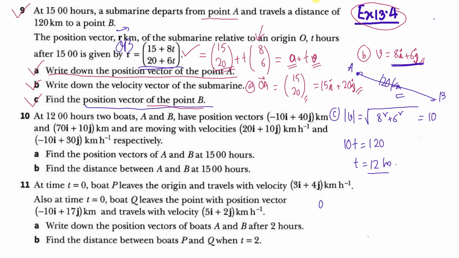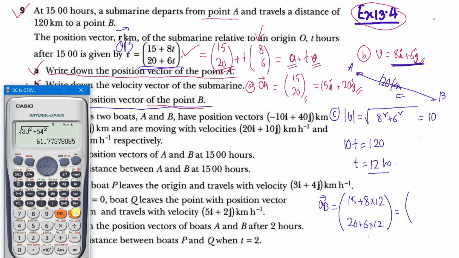So for c, the position vector of B: just put this value of t in the main equation, which is 15 plus 8 times 12, then the next one is 20 plus 6 times 12. Let me calculate. 15 plus 8 times 12 gives us 111.